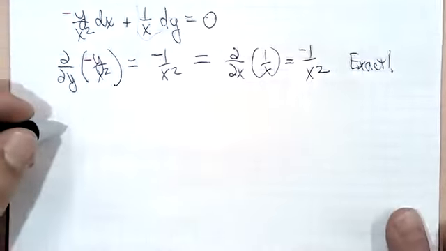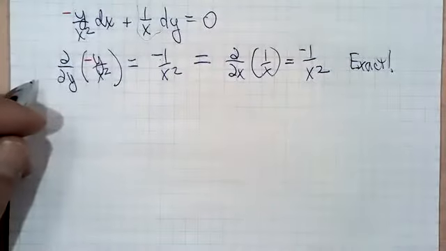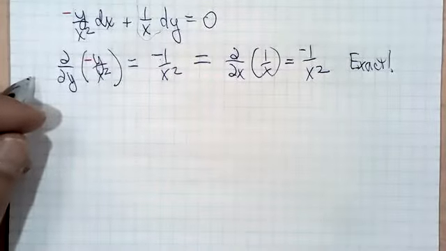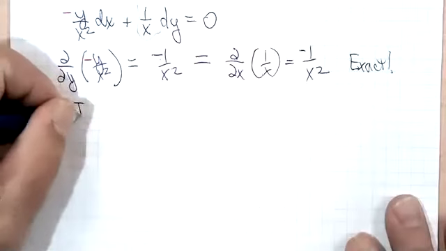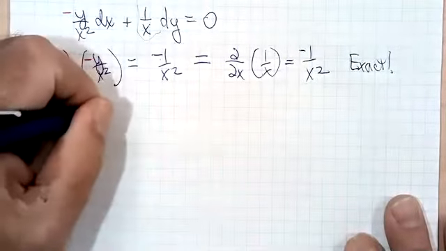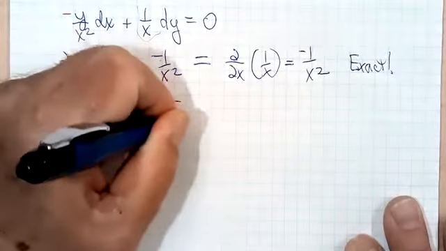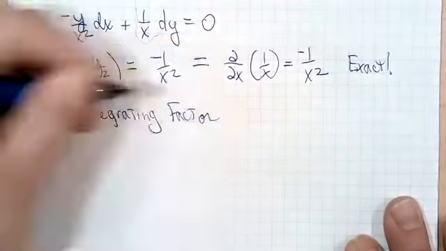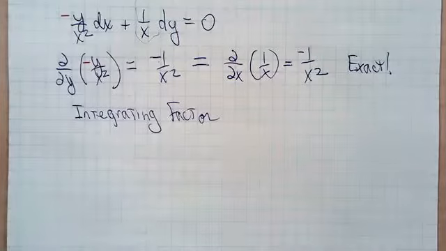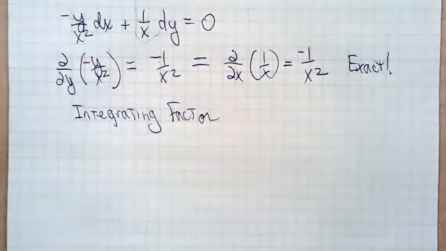And if there is a factor you can multiply through by to turn a non-exact equation into exact, we call it an integrating factor. A careful statement of that is in the notes you can grab off from Blackboard.